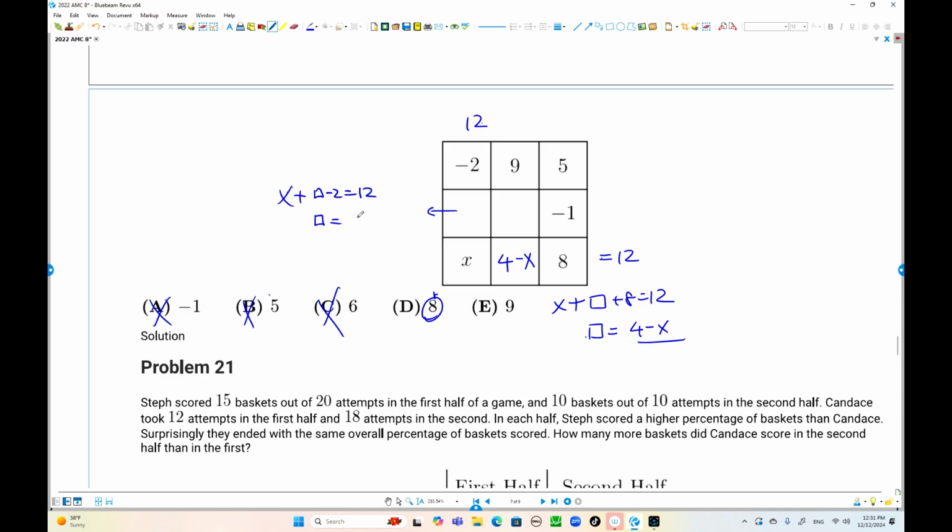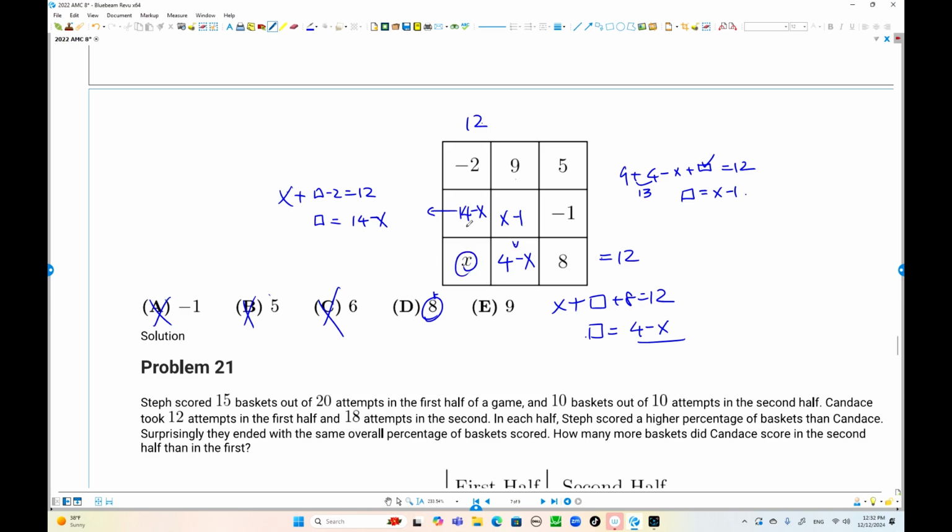What is this number? 14 minus x, isn't it? What about this number? You can use it either way, okay? I'm going to use this way. 9 plus 4 minus x plus 13 is 12, right? So what is this number? This is 13 minus over here, x minus 1, right? So this one is x minus 1.